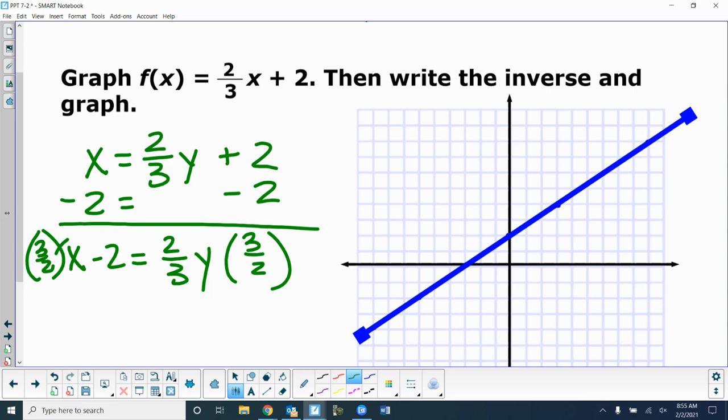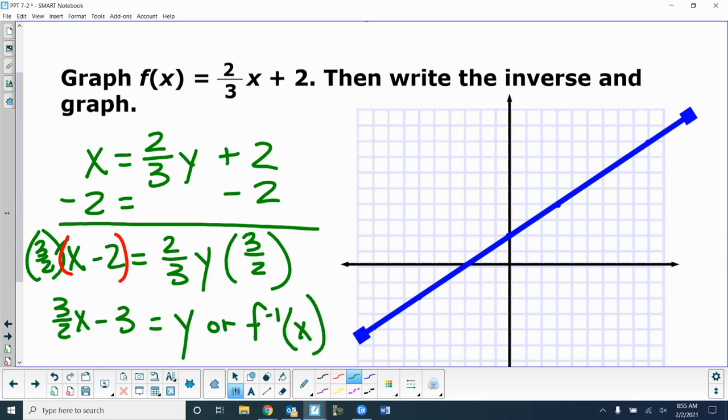So, it's like that. If you want to distribute, you can, you don't have to. If you leave it like that, that's okay. But if I do distribute, it's 3/2 x minus 3. All right, or we could write that. 3/2 times -2 is -6/2, which is -3, right, Cade?